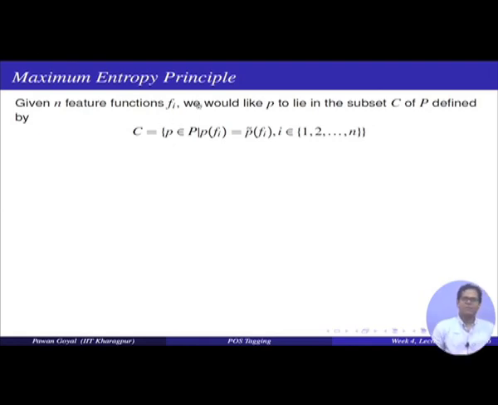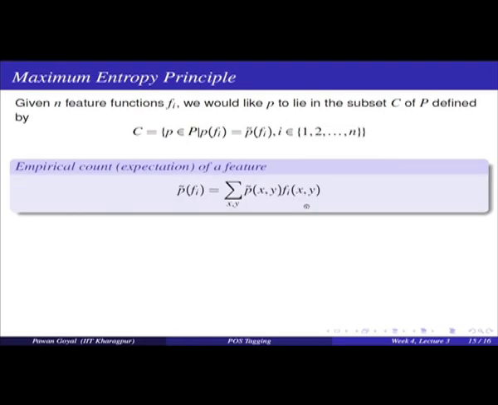I am given some n different feature functions f1 to fn. I want my probability distribution P to lie in the subset of all the possible distributions that satisfy this constraint. Among all the probability distributions that satisfy this constraint, I want to choose the one that has the maximum entropy.